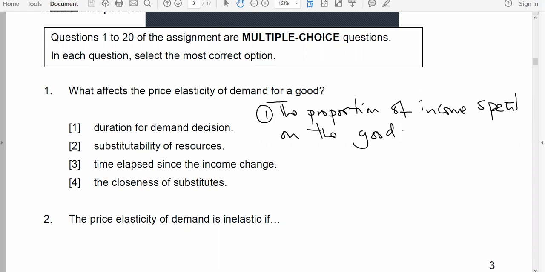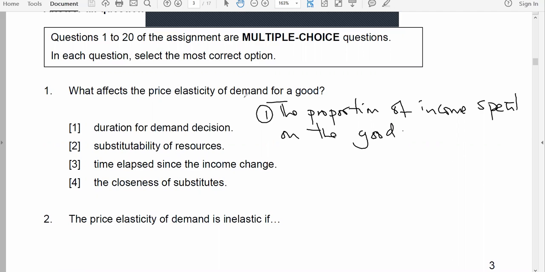That is the first thing that affects price elasticity of demand. So in effect, it means that the higher the proportion of income that you spend on the good, the more responsive or the more sensitive the price elasticity of demand is.